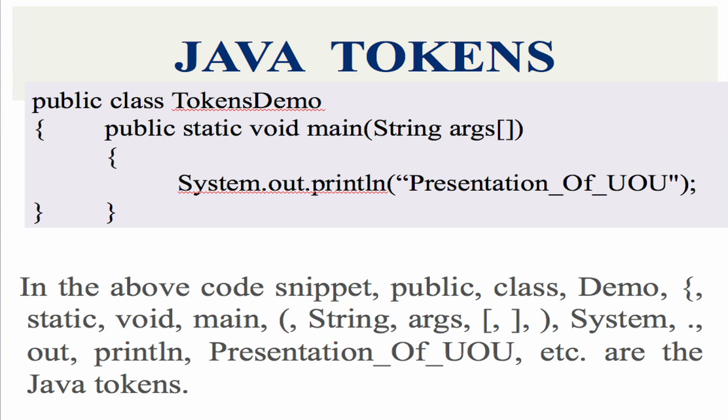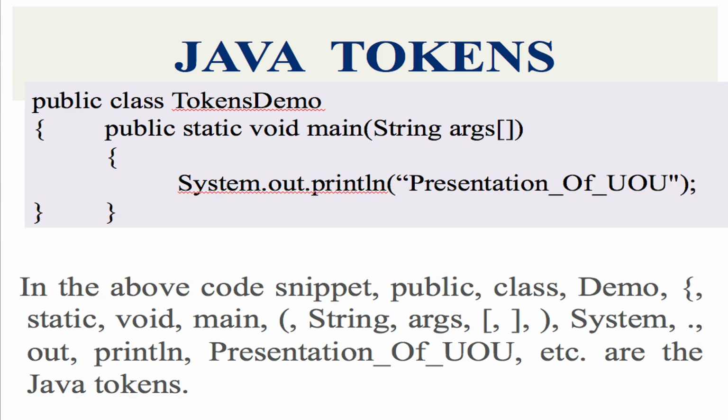The Java tokens in the above code are public, class, TokenDemo, curly bracket, static, void, main, simple bracket, String, args, square bracket, System, out, println, and the message "presentation of UOU". So each element of the program is called a Java token.